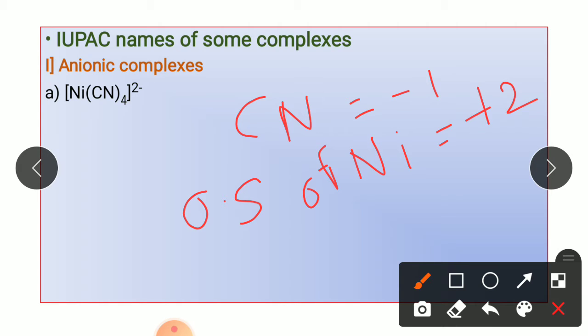Now we have seen that the name of the ligand should be written first, and there are 4 cyanide ligands, so it will be tetracyano. Since it is an anionic complex, the nickel name will be changed to nickelate, and the oxidation state of nickel is 2. So the IUPAC name of this complex is tetracyanonickelate(II) ion. 2 is the oxidation state of the nickel.